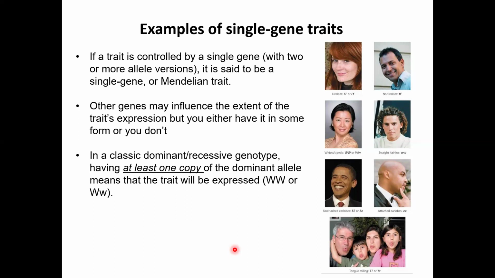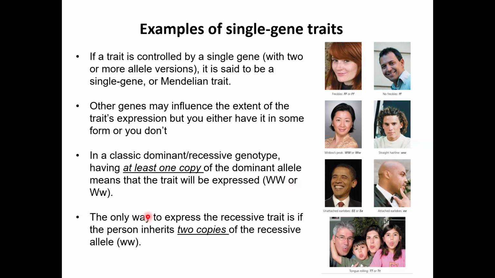As I was saying earlier, in a classic dominant-recessive genotype, having at least one copy of the dominant allele means that the trait will be expressed, like in these two, homozygous or heterozygous dominant. Now, the only way to express the recessive trait is if the person inherits two copies of that same recessive allele, like these lowercase letters here.